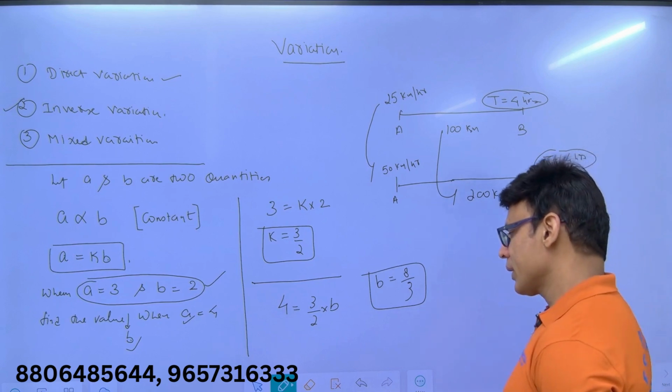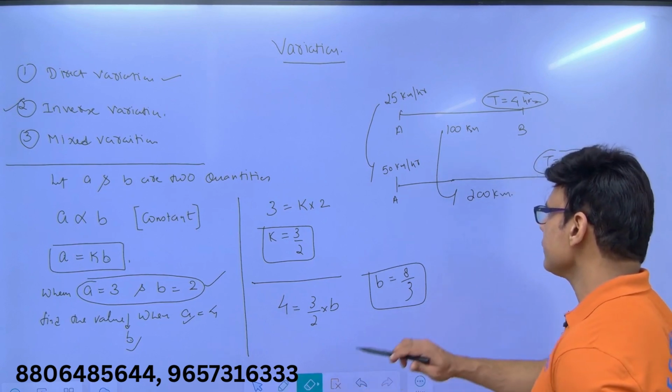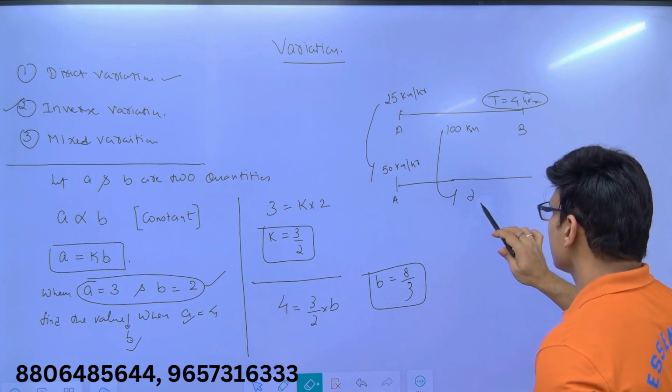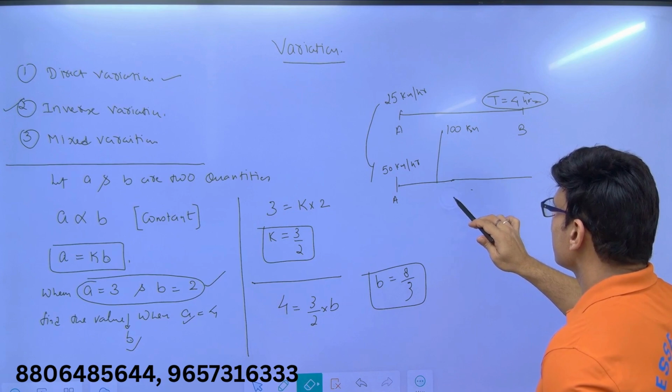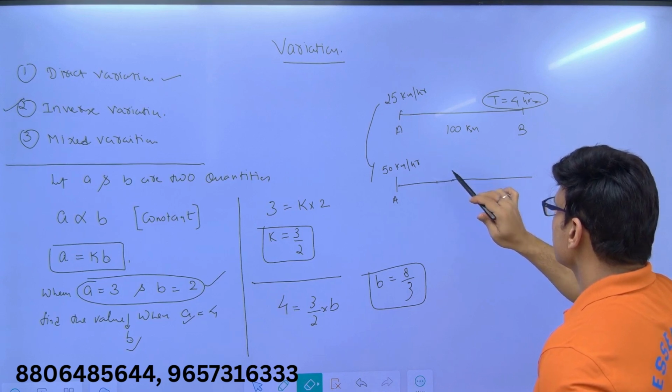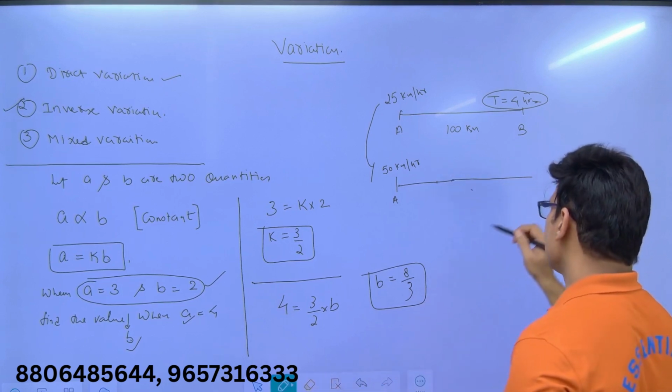Okay. Second is inversely proportional. What is the meaning of inversely proportional? If one increases, the other has to decrease. If A increases, then B has to decrease.